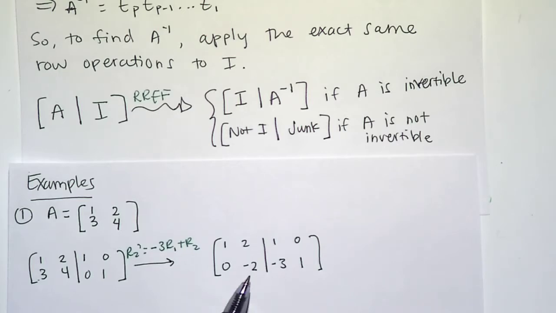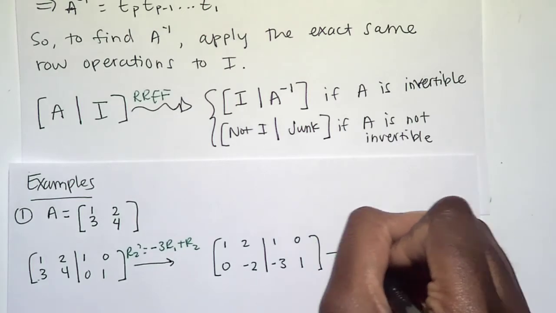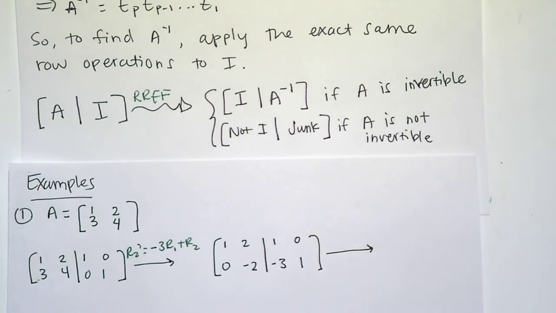All right, now I need to get this 1 here, so I need to multiply row 2 by -1/2.